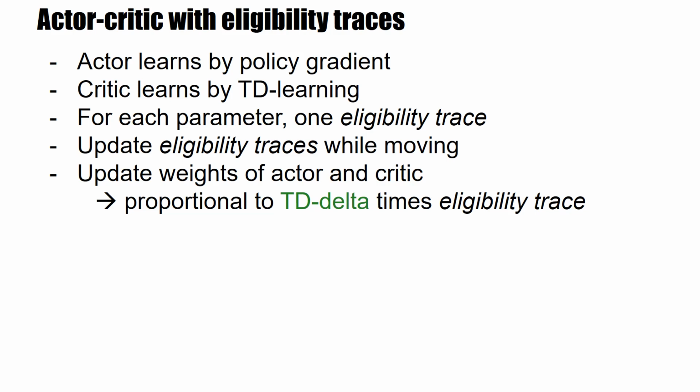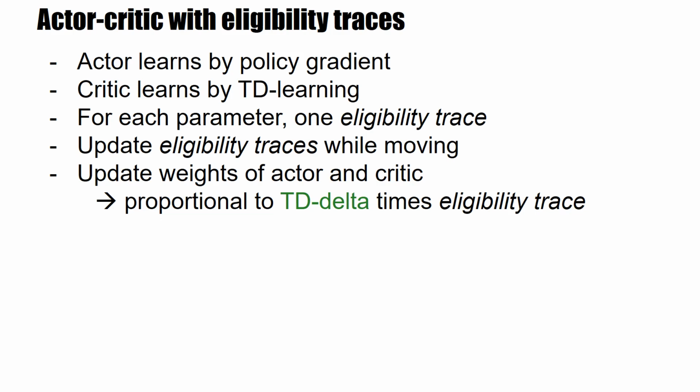For each of the parameters in the network, actor network, critic network, thresholds, we have one eligibility trace. Eligibility trace is like a shadow variable, like an additional variable. And while we move, we update these eligibility traces for all different parameters.